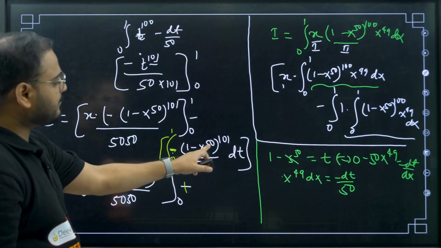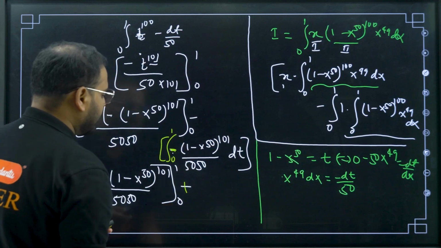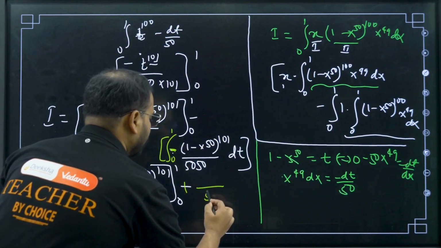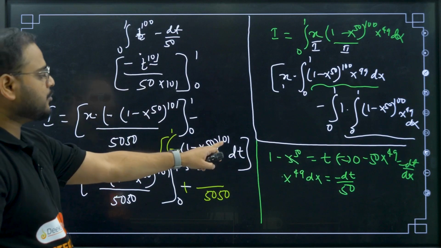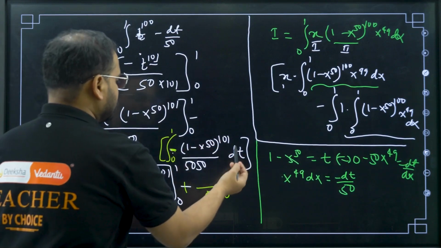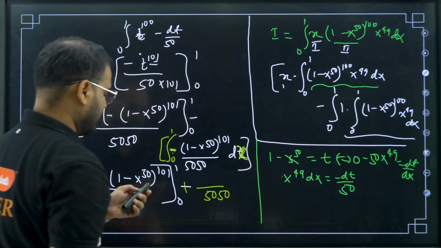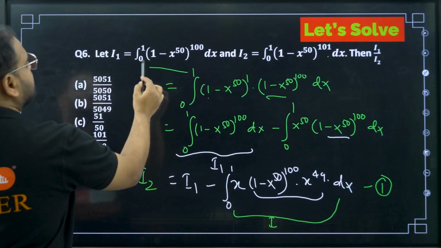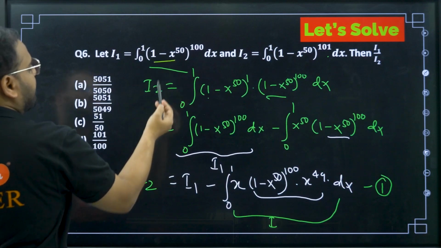Now 1 minus x power 50 power 101 upon 50, so forget about the constant right now, 50, just look at this, 1 minus x power 50 power 101 dx, this is dx, okay, because dt is done now, dx, okay, limit 0 to 1.